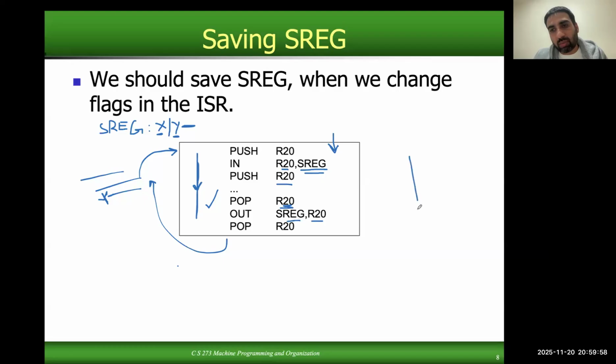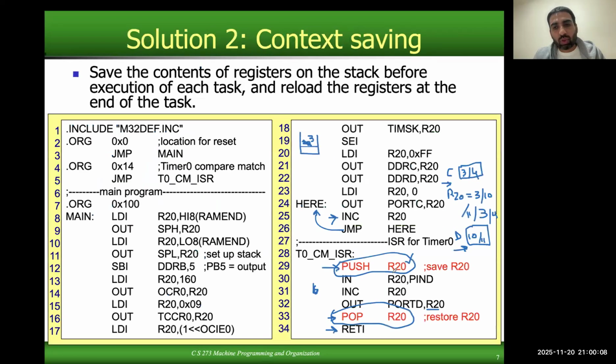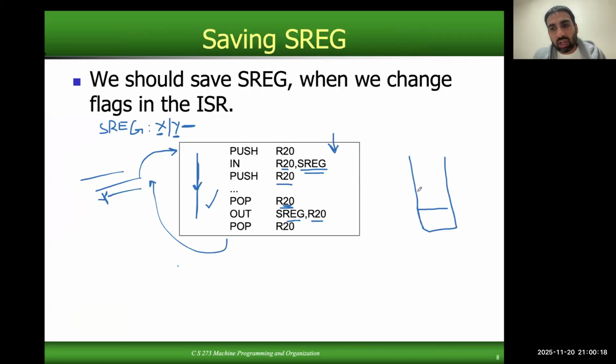So here is what is happening. I also spent a couple of seconds to understand what is happening, and let me explain. We are doing push R20 to handle the situation where register R20 is conflicted between the main code and the ISR.